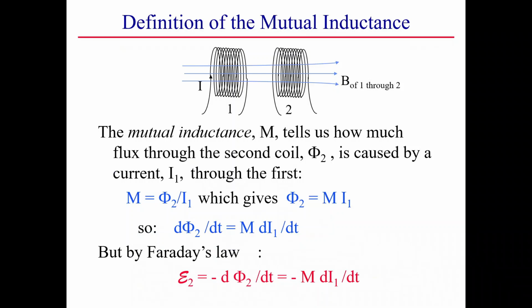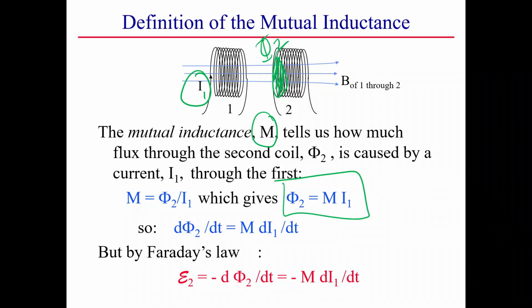So we use the letter capital M for mutual inductance, and it basically tells us how much the flux through the second coil is caused by the current through the first coil. So you could then solve for that flux, and it's going to be M times I1.